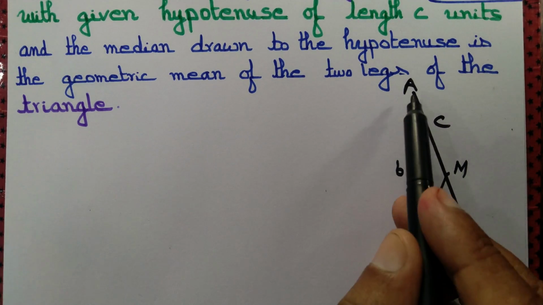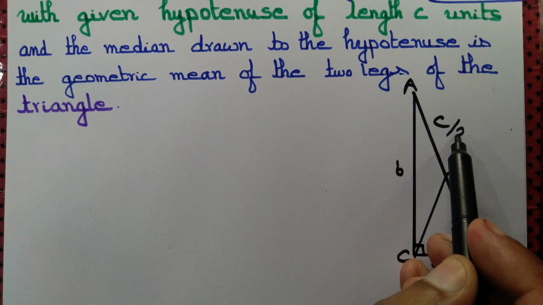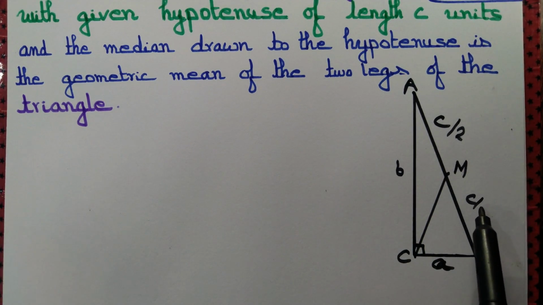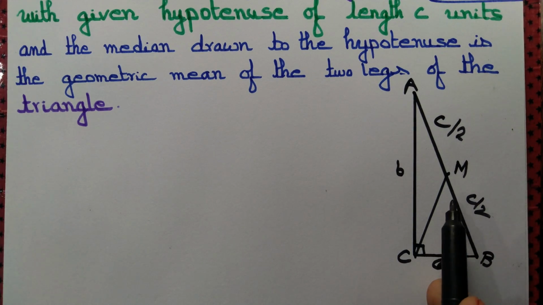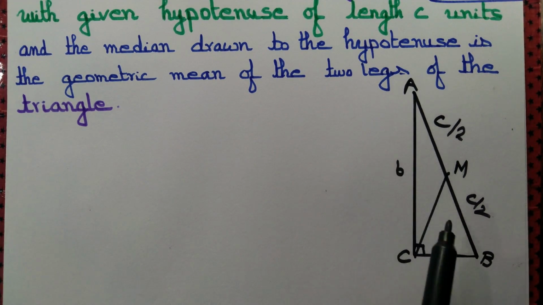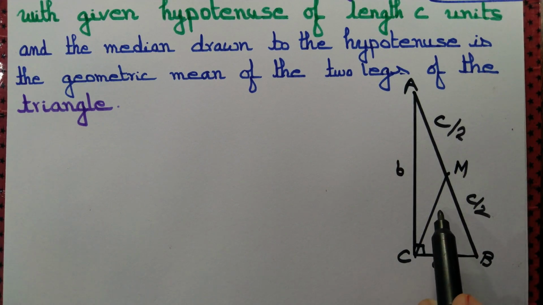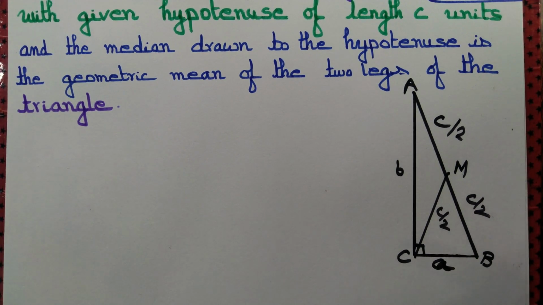Since M is the middle point, AM must be equal to C by 2. MB must also be equal to C by 2. Further, in a right angle triangle, the length of the median to the hypotenuse must be half the length of the hypotenuse. So this CM must be equal to C by 2.